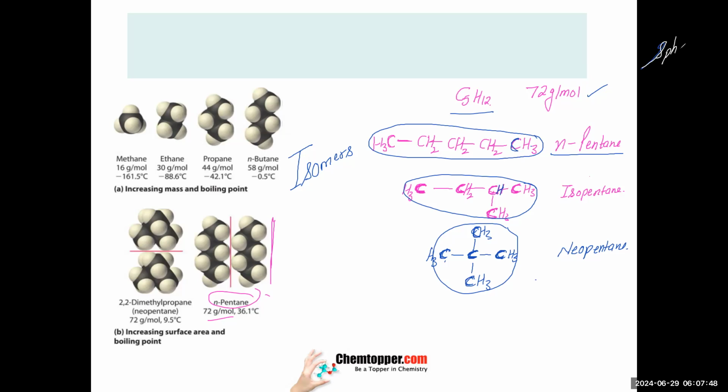Water droplets are in the form of spheres. When they are falling down, they acquire the shape of a sphere because spheres have minimum surface area. They are not flat, they are not spread out. They are like a sphere because of the minimum surface area. Remember this line.